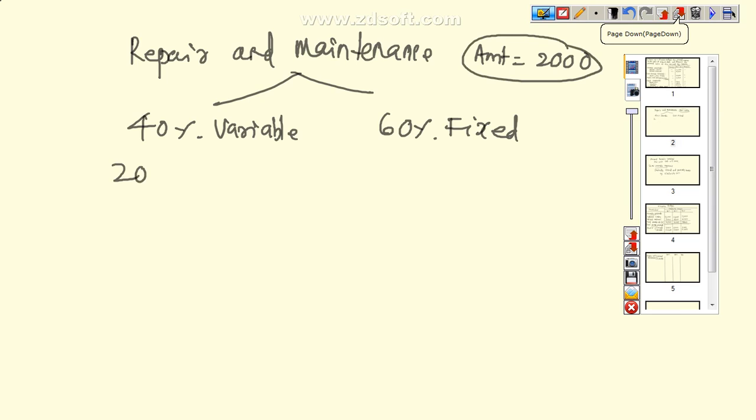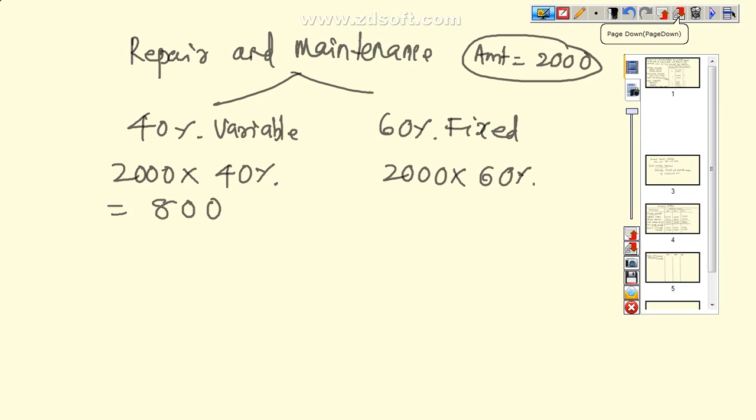So 2,000 multiplied by 40%, that is variable, and 2,000 multiplied by 60% is fixed. 2000 into 40 upon 100, that is equal to 800, and 2000 into 60 upon 100, that is equal to 1200.